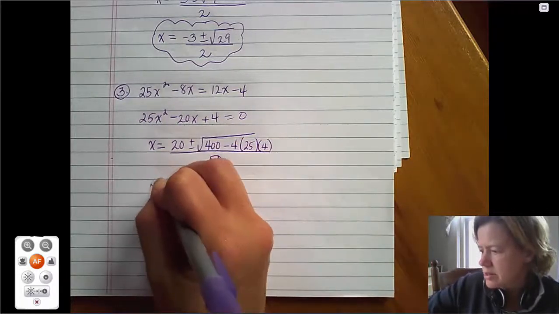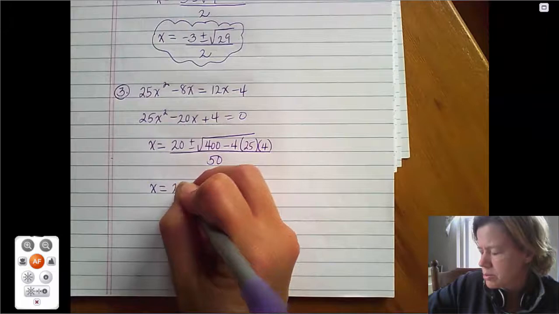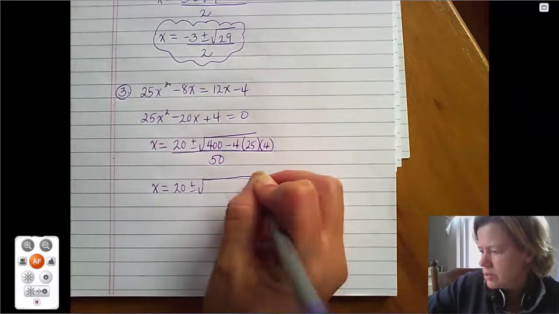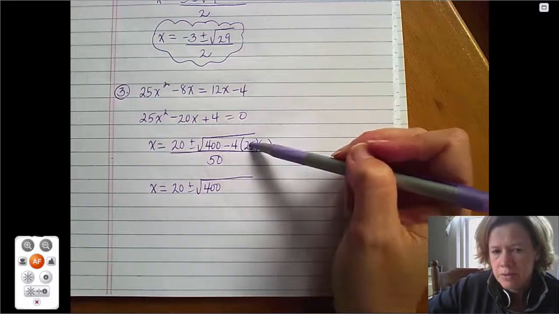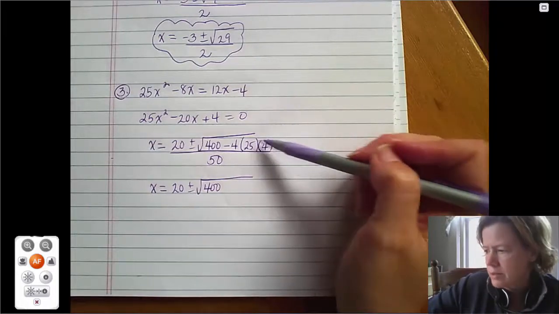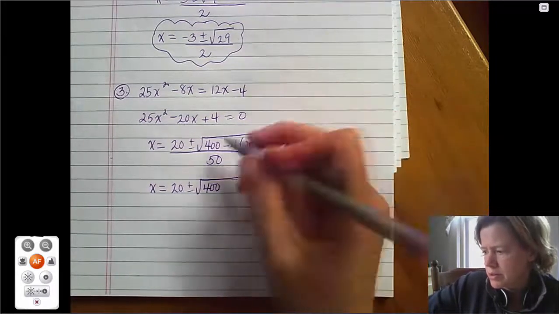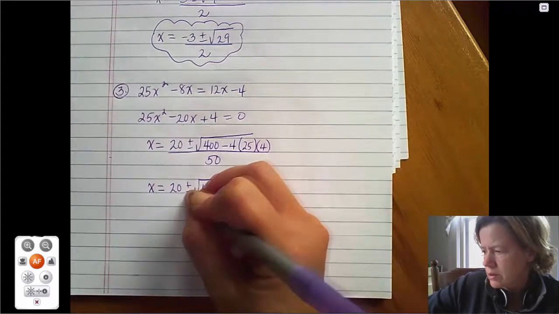So x is negative b, 20, plus or minus the square root of, I have 400. Negative 4 times 25 is negative 100, times 4 is minus 400, all over 50.